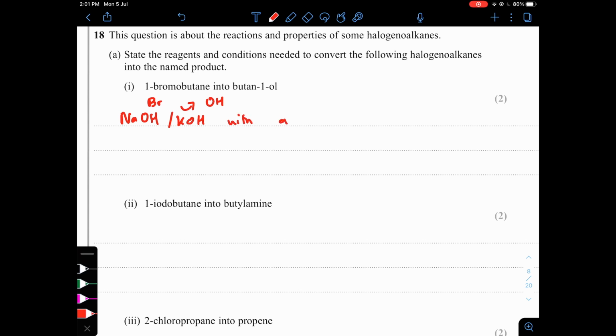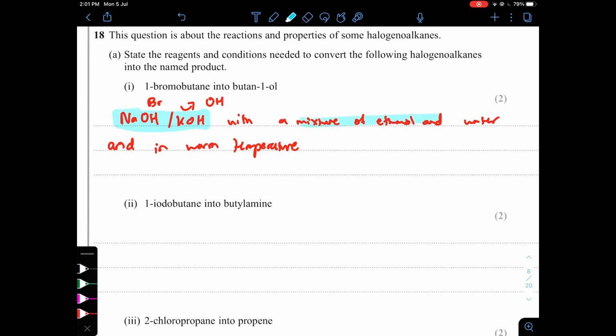With a mixture of ethanol and water, and almost always you also have to heat it up, in warm temperature, say. So the 2 marks you'd get would be NaOH, KOH, that's the reagent, and the condition is the mixture of ethanol and water. You don't need to put heat, but it's better if you put this. So these are your 2 marks, one here and one here.